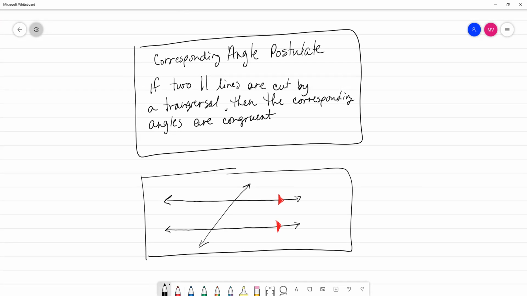So if we label it T, line L, line M, and number the angles 1, 2, 3, 4, 5, 6, 7, 8, then your corresponding angles are on the same side of the transversal and the same side of the other lines. That means that the measurement of angle 1 is equal to the measurement of angle 3.